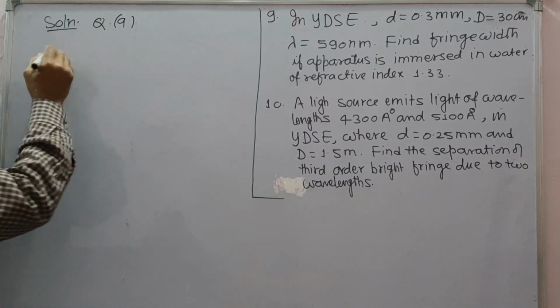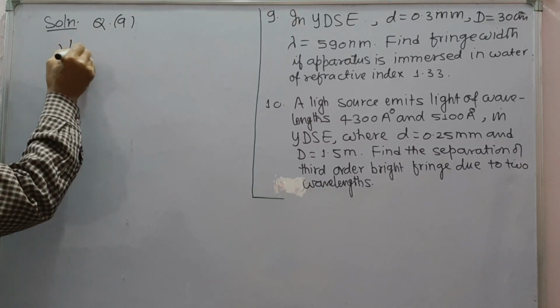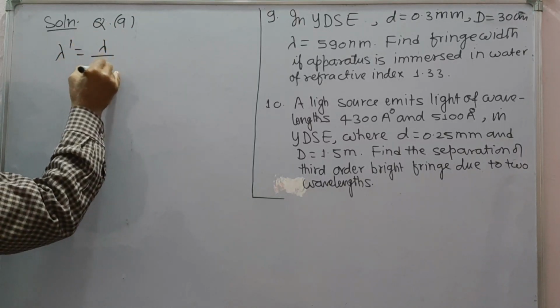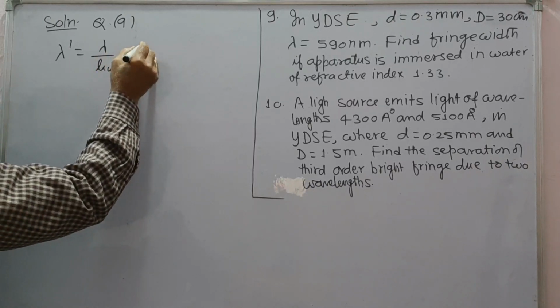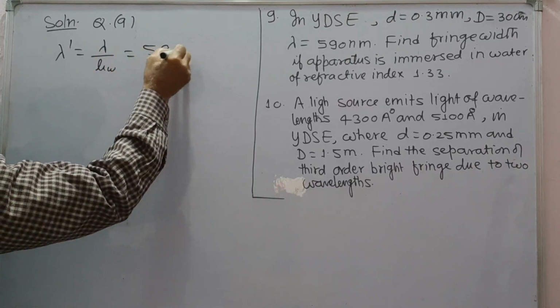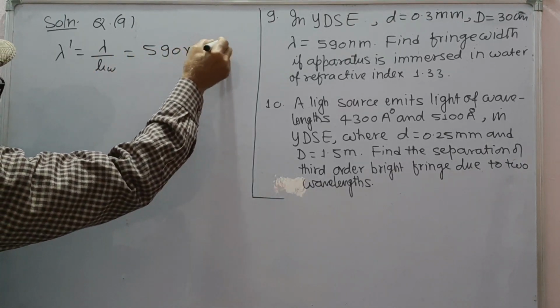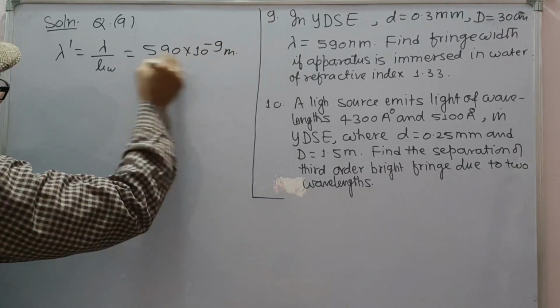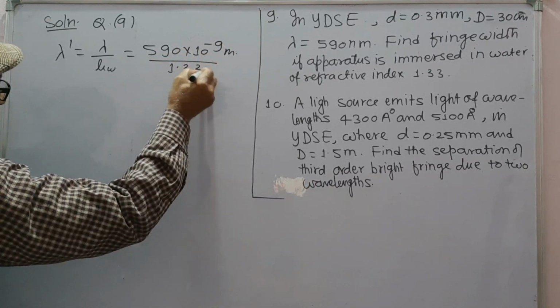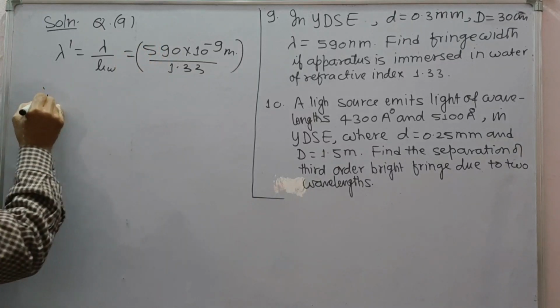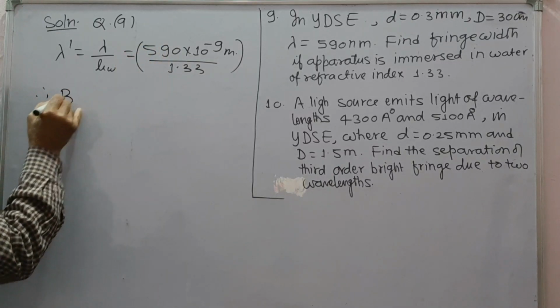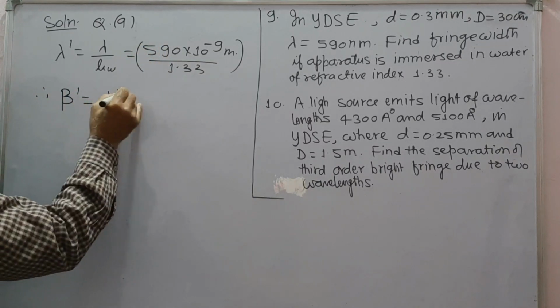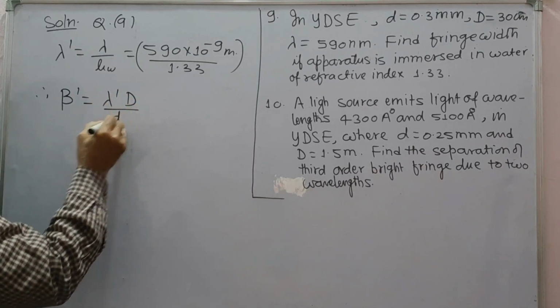In water, new wavelength will become lambda upon mu of water. Lambda is 590 into 10 to minus 9 meter upon 1.33. Therefore, fringe width beta dash will be equal to lambda dash D upon small d.